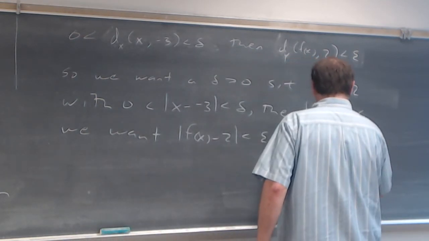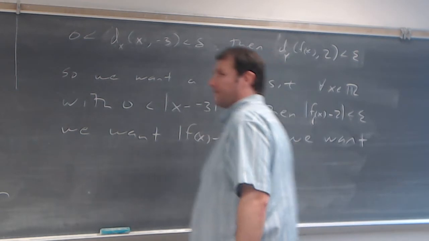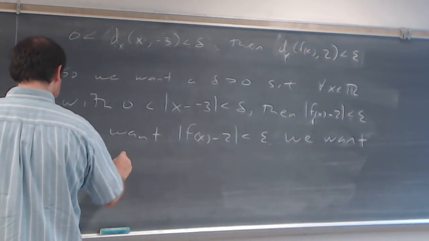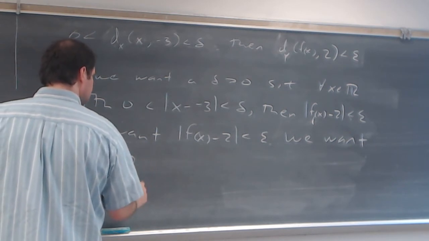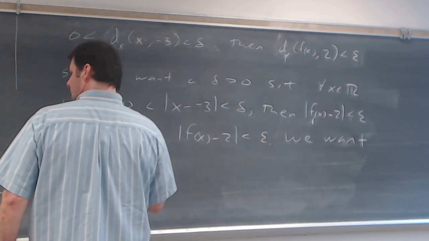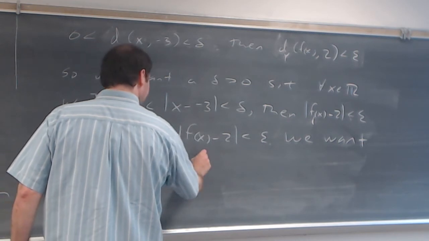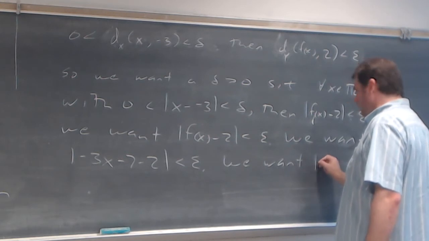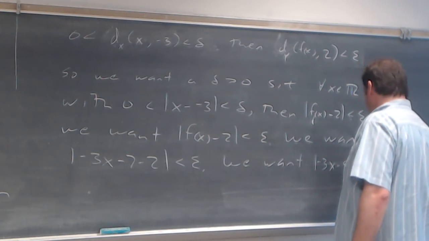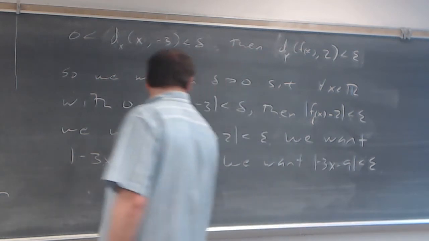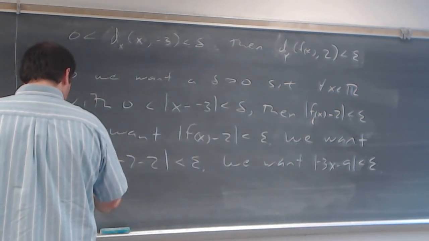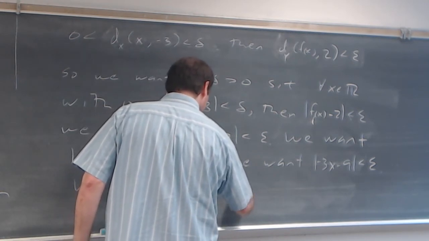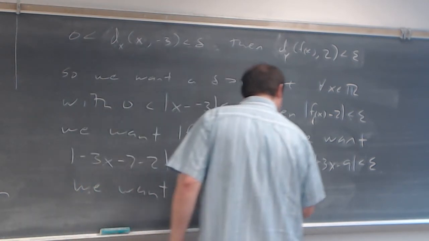Translating that into a little bit more specifics, we want, well, what's f of x? F of x is minus 3x minus 7. Okay? We want that minus 2 to be less than epsilon. So we want minus 3x minus 9 to be less than epsilon in absolute value. I can factor out a minus 3, so we want the absolute value of minus 3 times x plus 3 to be less than epsilon.